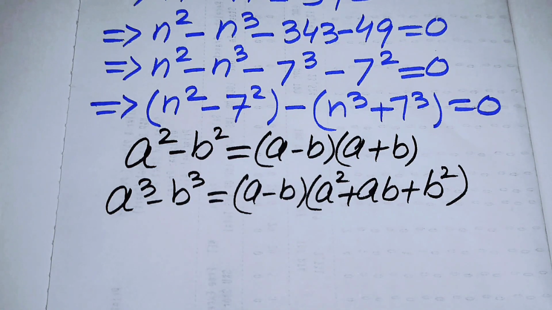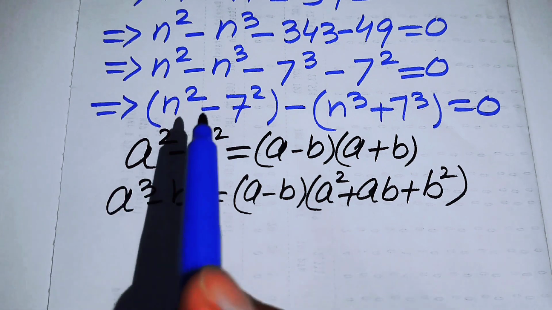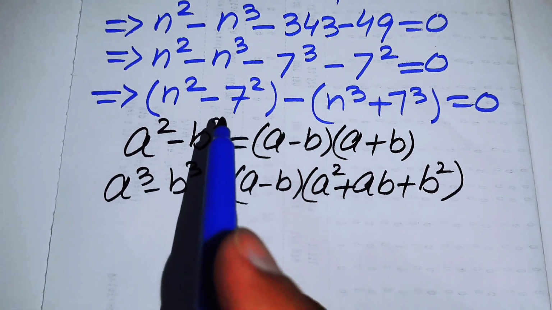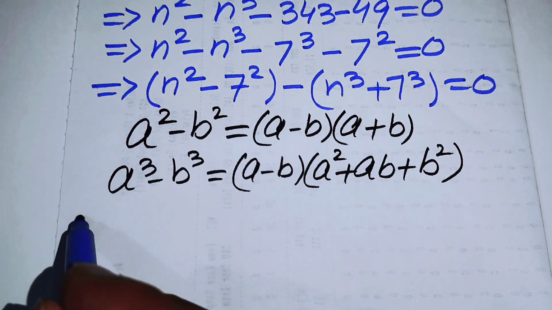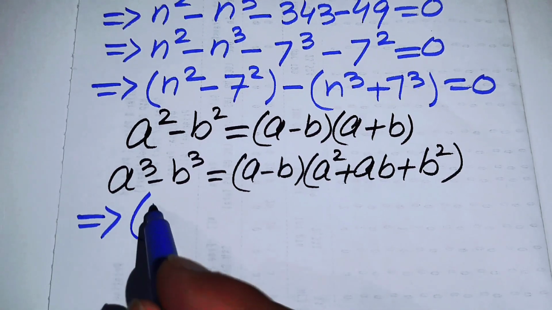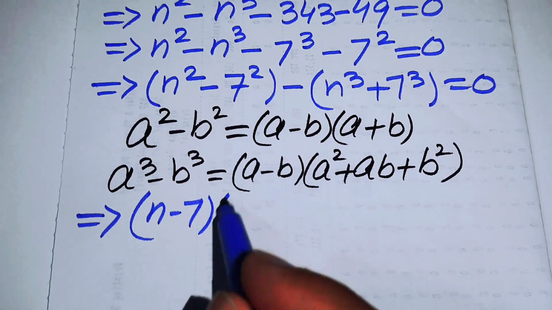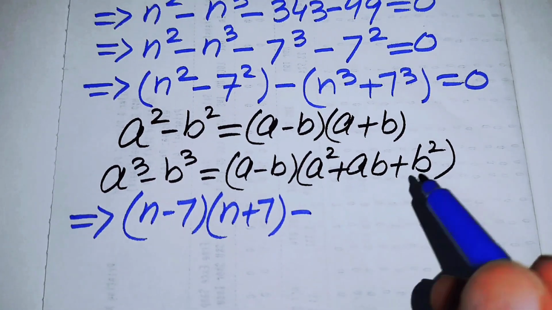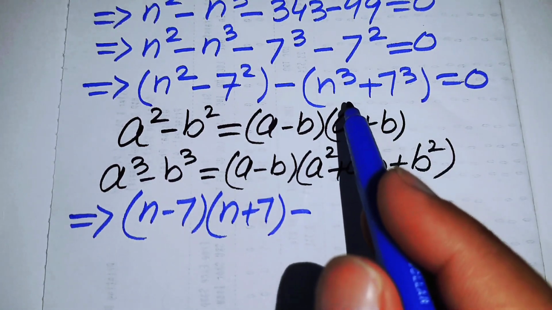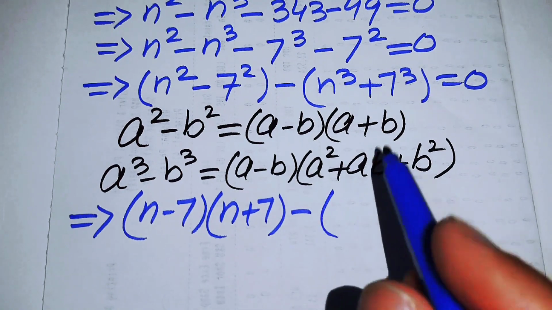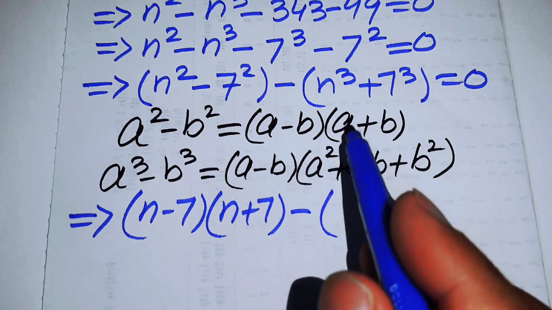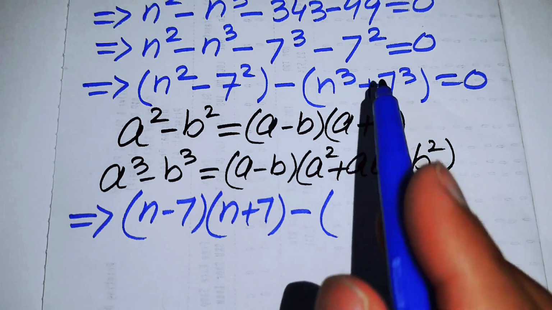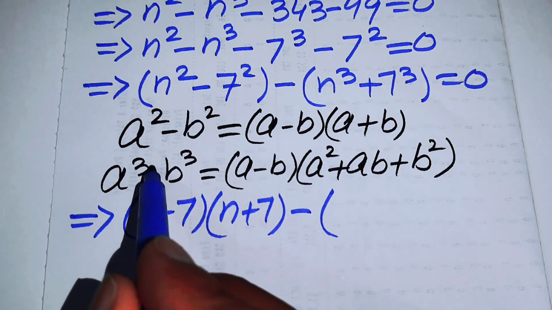Now first I can use the square identity in the first pair, so that the first pair will be written in the form of n minus 7 times n plus 7 minus, here you have cubic terms, and now we can apply this nice formula. Here this is the positive term, so I can use the positive formula.